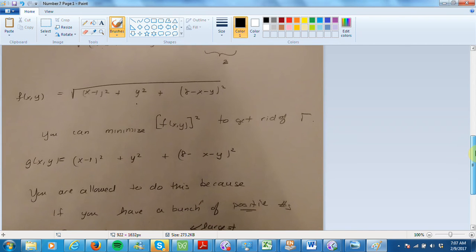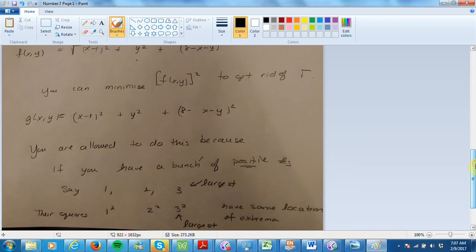I can just work with the square, because finding the minimum or the maximum of a set of numbers, let's say if I have 1, 2, 3, the location of where the max occurred, it occurred in the third number here, and it also occurs in the third number here when I square them all. Similarly, the minimum occurred at 1, and it's at the same location as the minimum in the squared numbers.